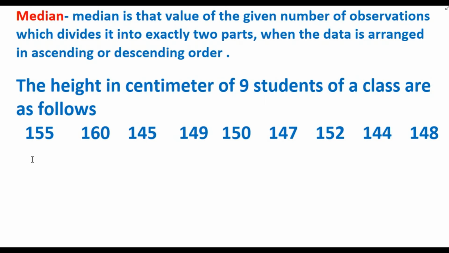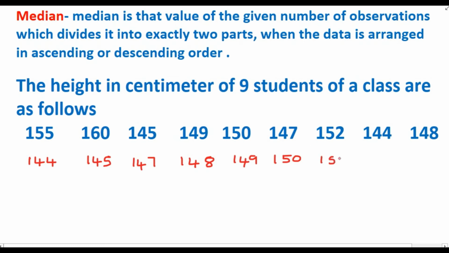So first thing we need to do is arrange in ascending order. When I arrange these scores in ascending order, I get 144, then 145, 147, 148, again 149, 150, 152, 155 and 160.